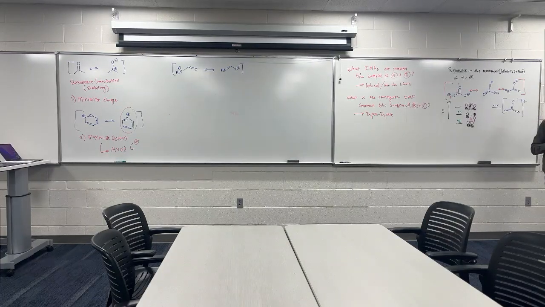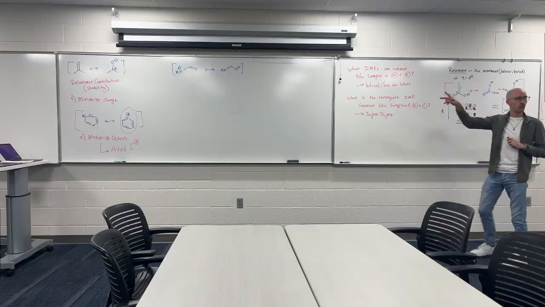Is there one form with minimum charges? No. They both have a negative charge. Then consider octets. Is there one form that has maximum octets? No. They both have octets. Nitrogen with a negative charge, 2 lone pairs. Oxygen with a negative charge, 3 lone pairs. Both have maximum octets.